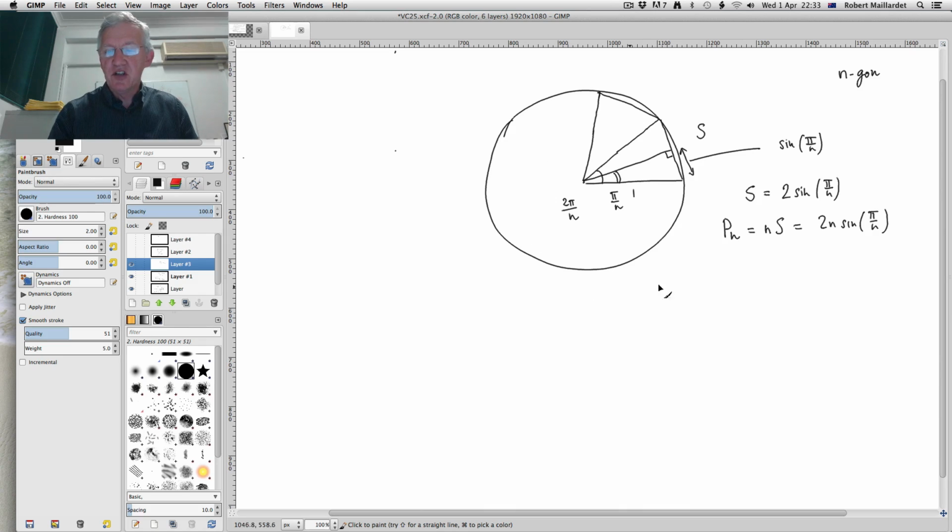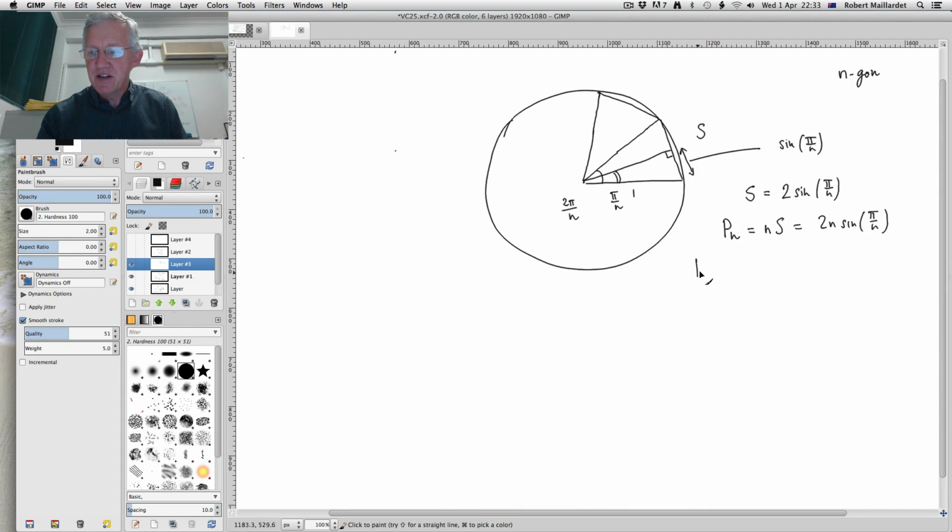So if you look at this geometrically, you can see that as I chop the circle up into more and more bits, I have a larger and larger n-gon fitting inside. The actual perimeter of the n-gon will always be smaller than the circumference of the circle, but it will tend to the circumference of a circle as a limit.